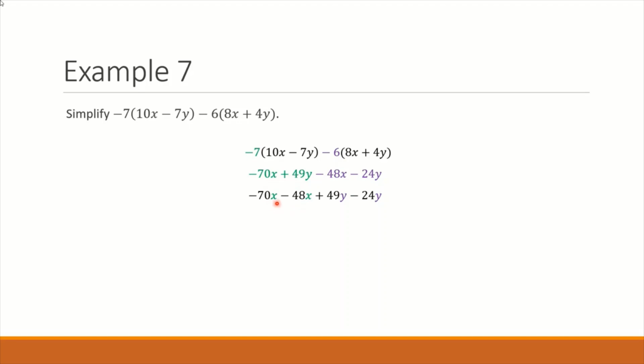So negative 70x minus 48x, some large negative number, negative 118x. 49y minus 24y gives you 25y. And that leaves you with a positive, so that's why it's a plus 25y. You can't go any further because these are unlike terms, and they have to be exactly the same in order to combine them. So that's it.